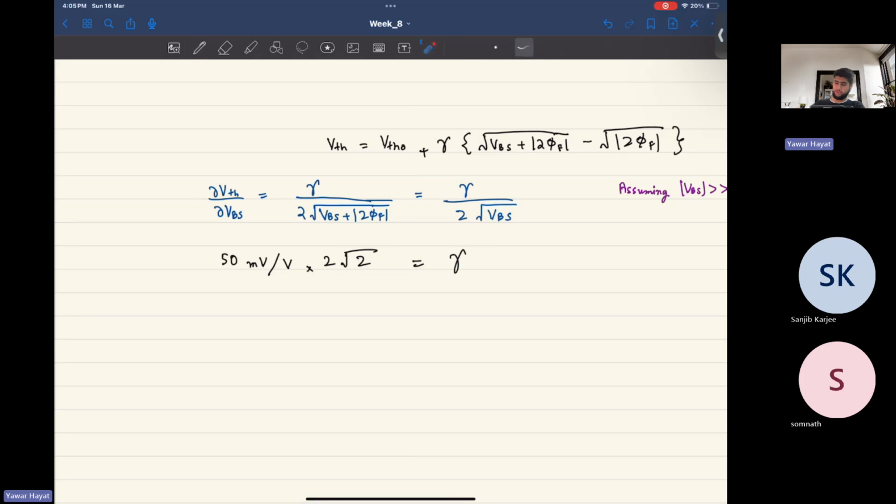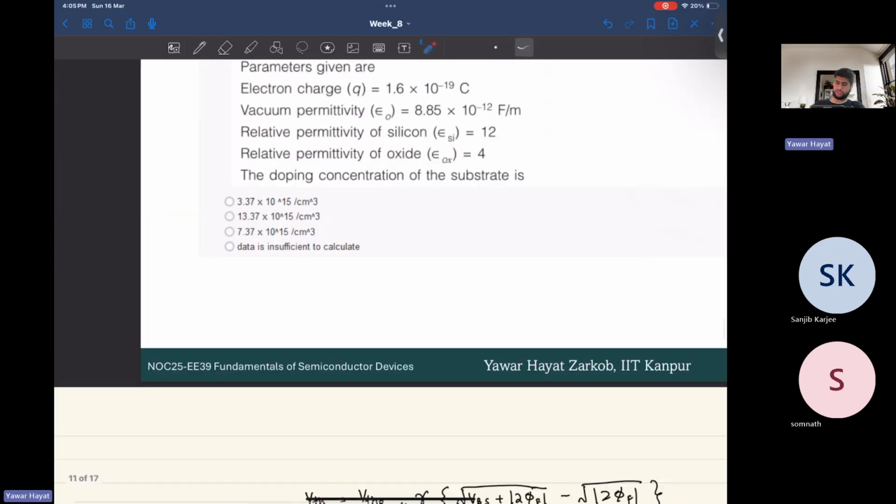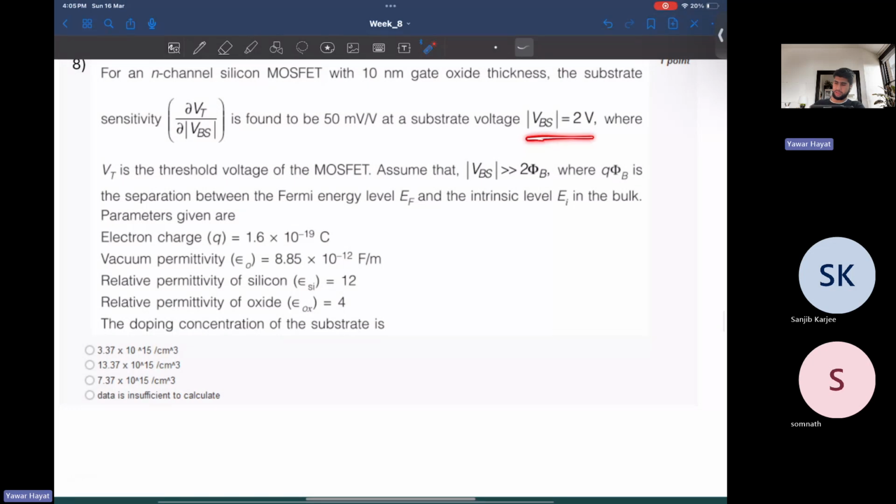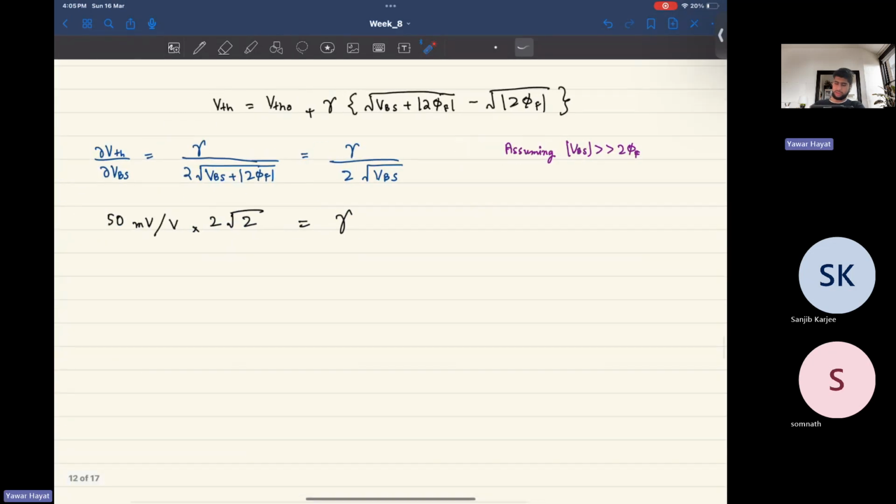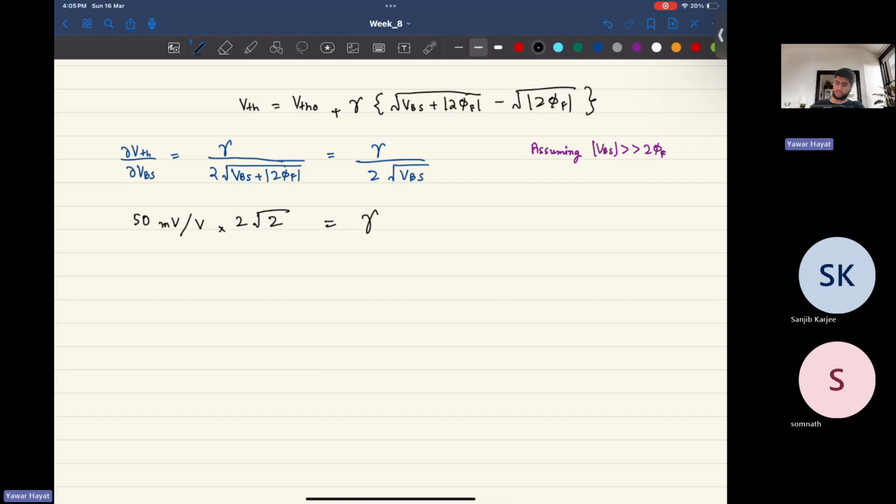Why I took the value of VBS as 2 is because of the given substrate voltage. So what is the expression of gamma? I showed you in the previous session. It's square root of 2q epsilon_s NA, all divided by Cox. So this will be 0.05.